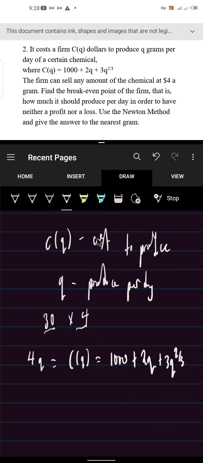Meaning that 4Q is equal to 1000 plus 2Q plus 3Q to the 2/3.